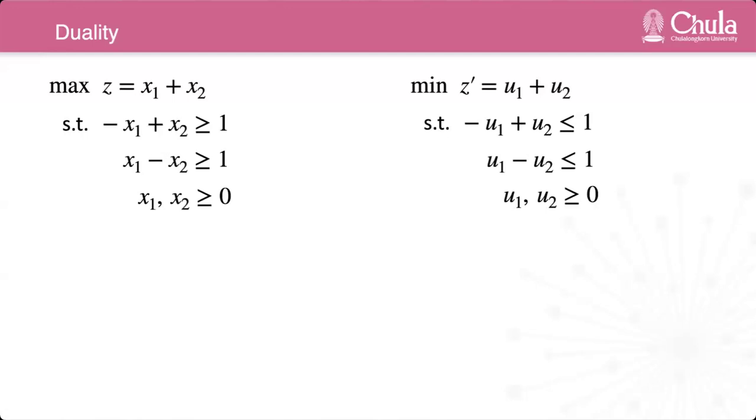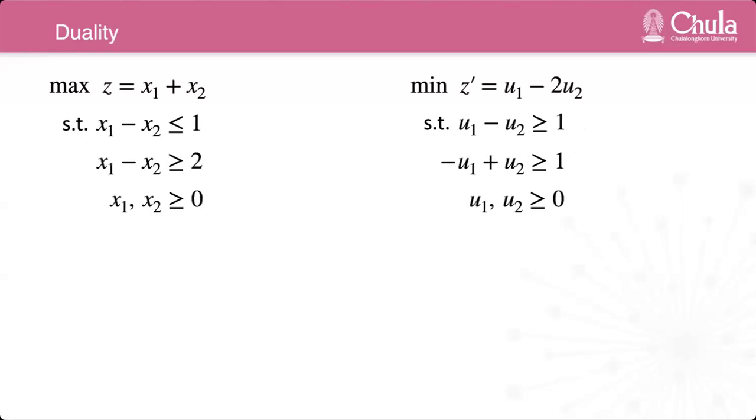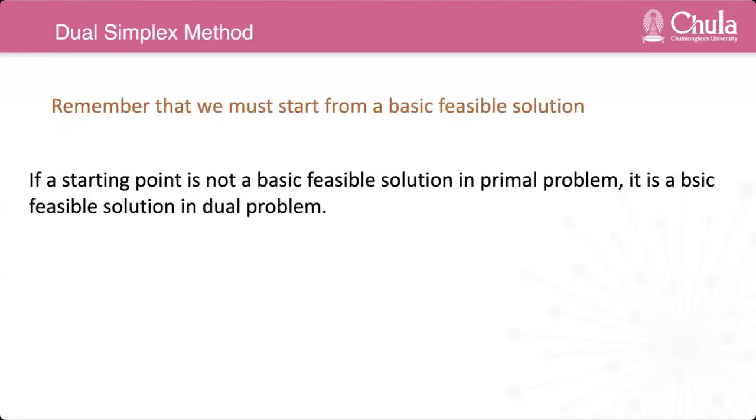We have 1, 1 here, 1, 1 here, 1, 1 here, and minus 1, 1. This is also, yeah, primal and dual. Okay. And why do we need to learn this duality?